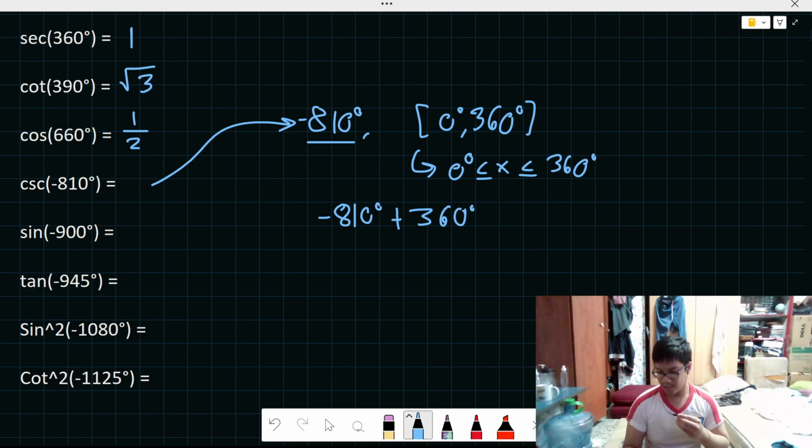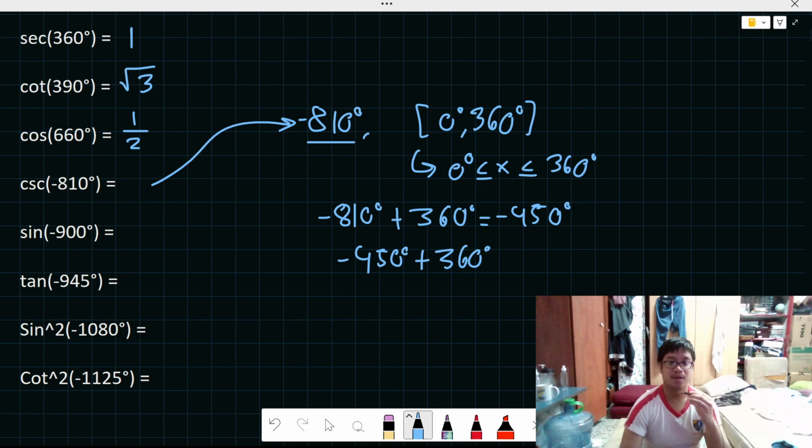Negative 810 plus 360 gives negative 450 degrees. But this is still less than 0 degrees, not even in this interval. So we add 360 degrees again: negative 450 plus 360, and you will have negative 90 degrees.